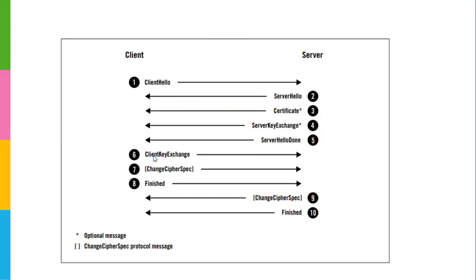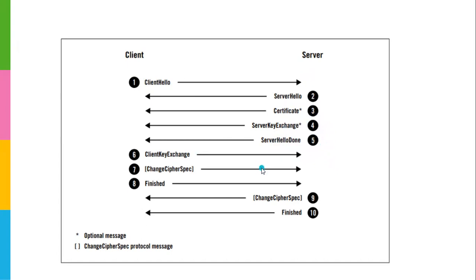So if the key is encrypted by only the server public key, who can decrypt that packet? Only the server can decrypt it with the help of its private key. Now the pre-master key reaches the server. The server will decrypt that packet with its private key and get the pre-master key there.